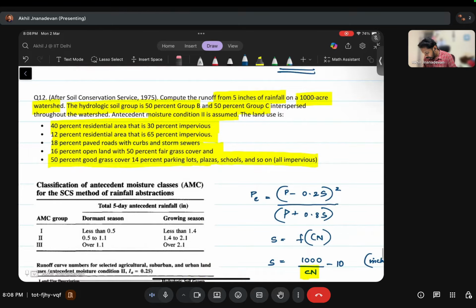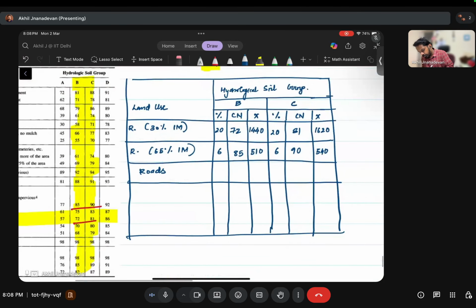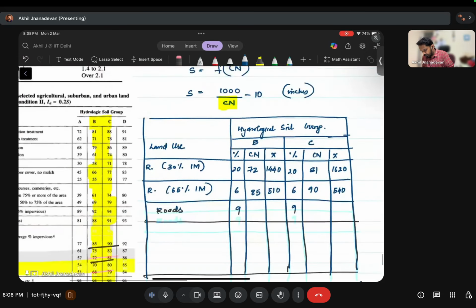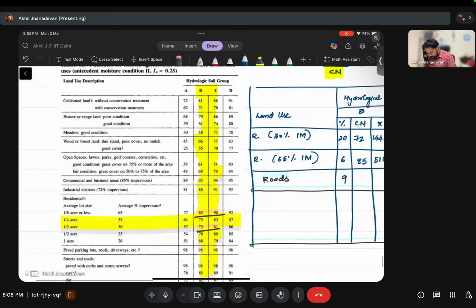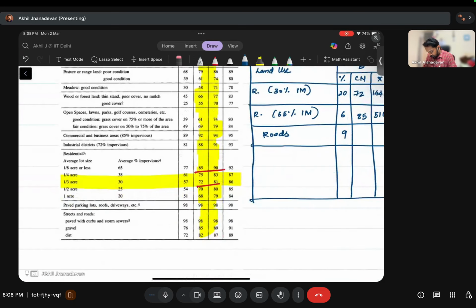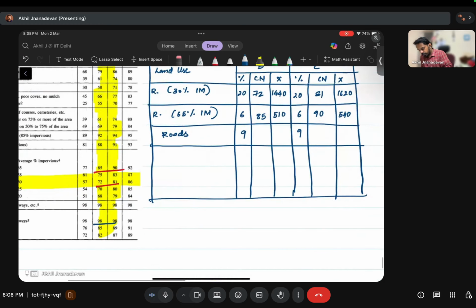And the curve number for paved roads, if you see, for both the cases, the curve number is equal to 98. So we can substitute 98, 98, the product will be 882. The product is just to simplify, 882, 882.